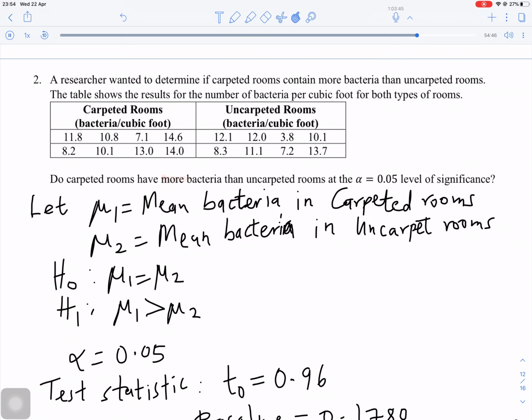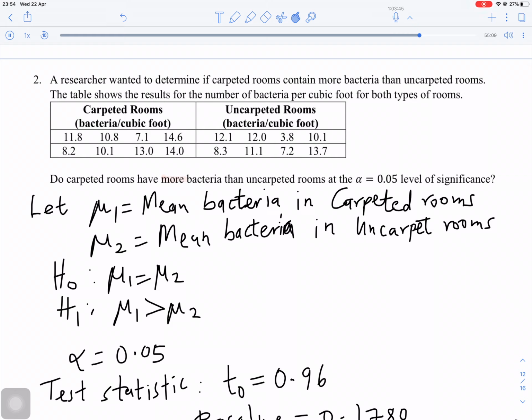Then the question goes, do carpeted rooms have more bacteria than uncarpeted rooms at alpha equals 0.05 level of significance? Okay, so I can describe my variables. I can make certain statements.